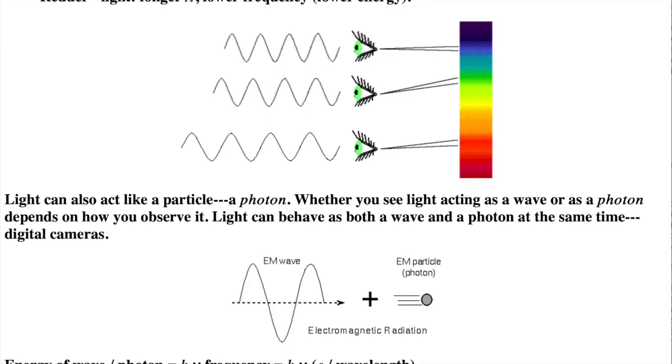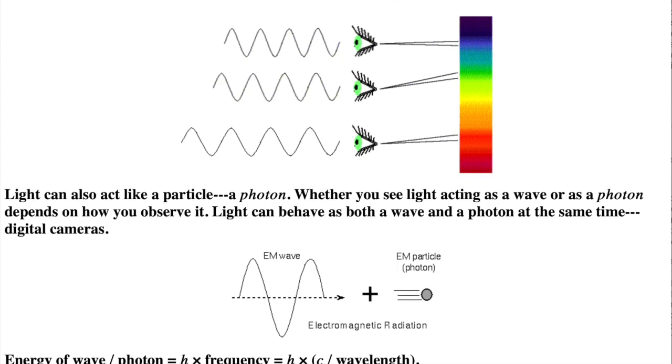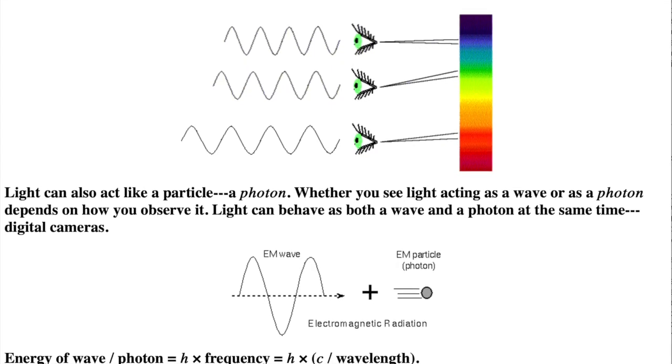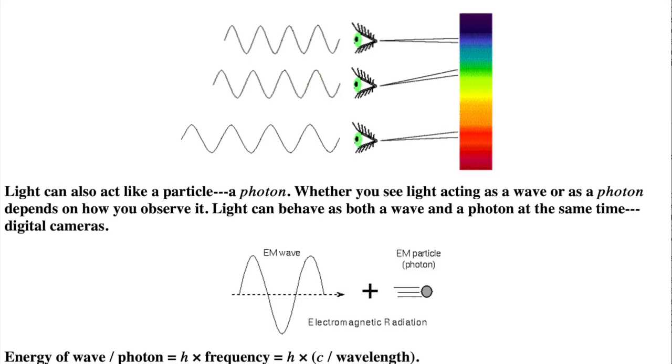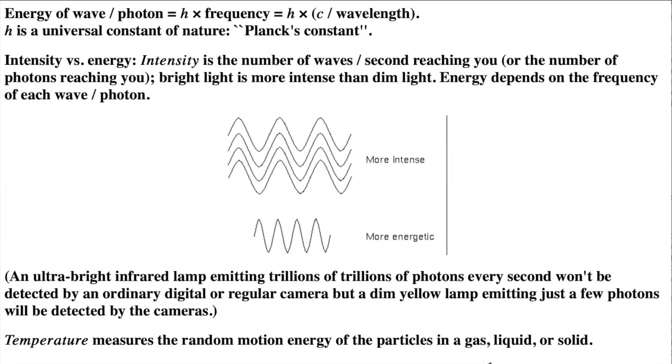Digital cameras and your phone's camera use that fact. The energy of the light wave or photon depends on the frequency. The more of those wave crests pass by you every second, the more energy there is. The intensity is the number of waves per second, or the number of photons per second reaching you. It is not the energy of the wave or photon.